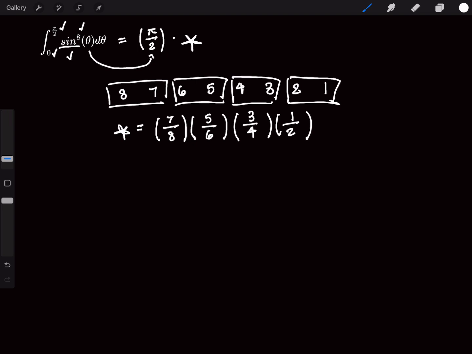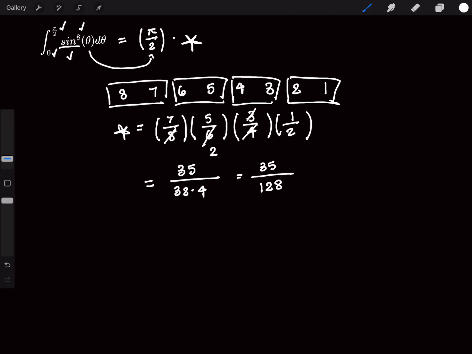And we can simplify this. We end up having 35 over 8 times 4 times 4, which is 32 times 4, equal to 35 divided by 128.